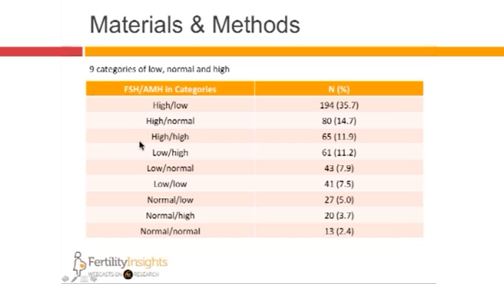The third most frequent one, however, to our surprise, representing over 10% of the total patient population, is a group of women with high FSH and high AMH, which, based on what I have told you, is in a way contradictory, because high FSH obviously means low ovarian reserve, while high AMH usually means high functional ovarian reserve.